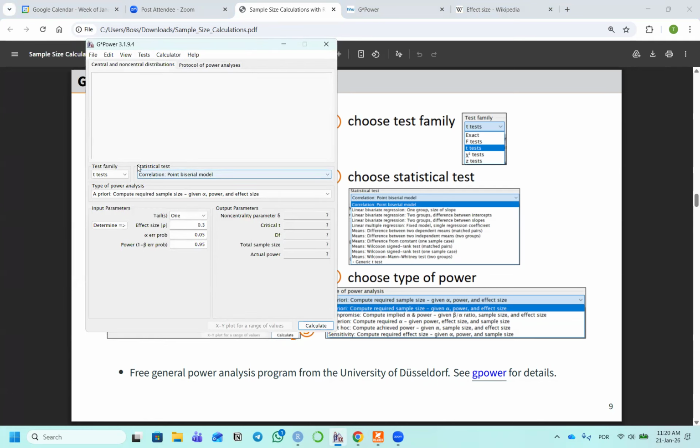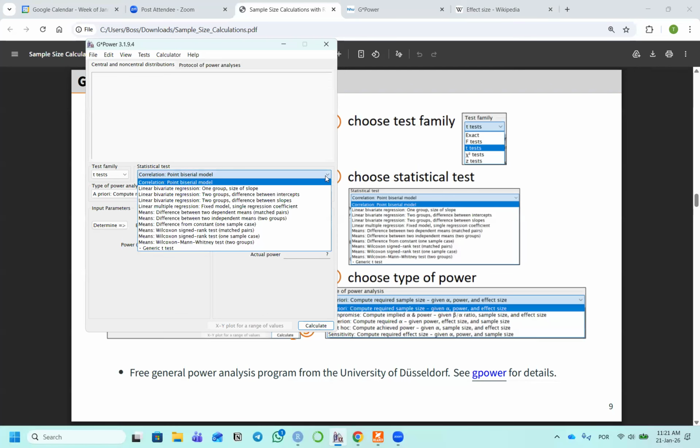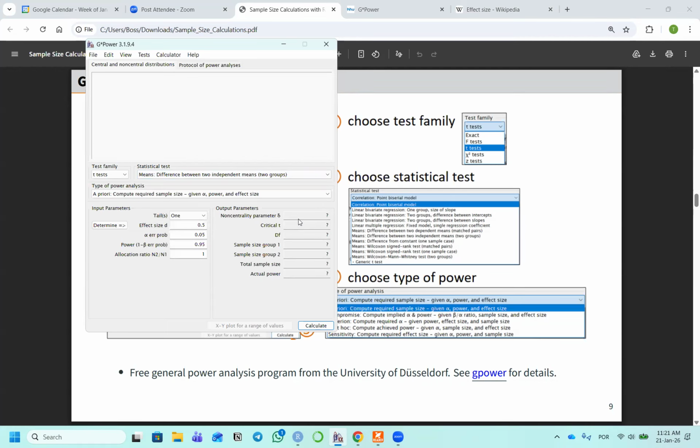The first thing to check is the place where you choose the test family: are you conducting an F test, t test, chi-square, or z test? It is very limited in G*Power, actually. The second component is the place where you choose the statistical test. Out of these options, in my example, I'm going to do the two independent t-tests.